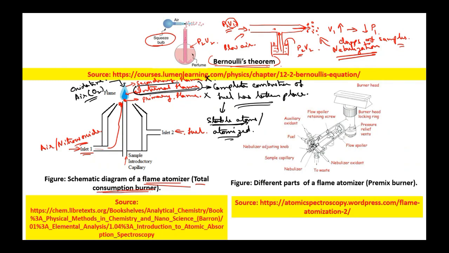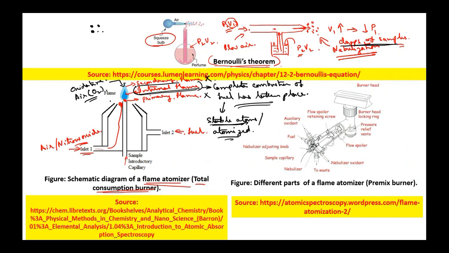Okay. Now, this type of atomizer can be easily developed and it can be widely used in various laboratories. However, as I told you, when these drops of samples are being formed through this type of atomizer, there are certain larger droplets, as I told you before, and there are certain smaller droplets.